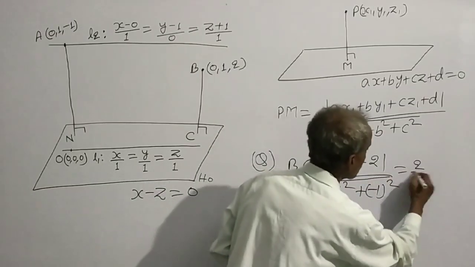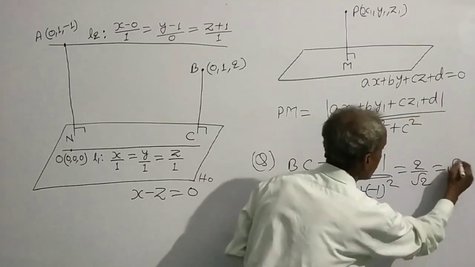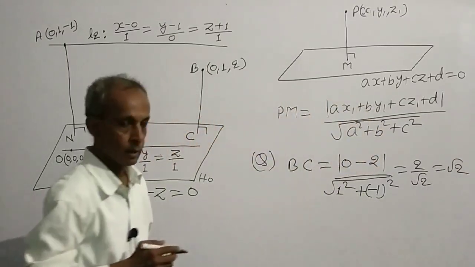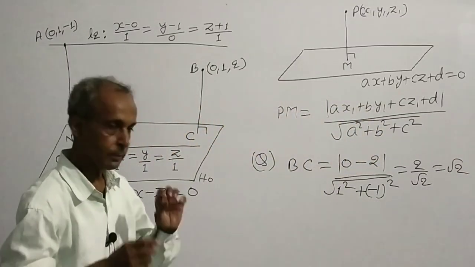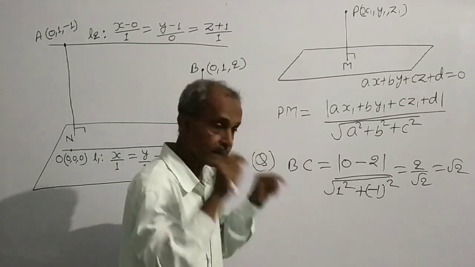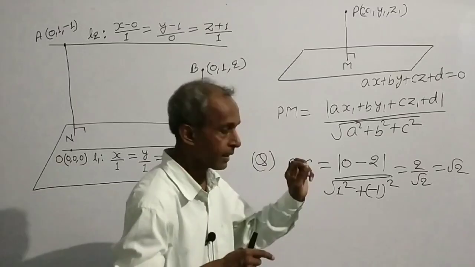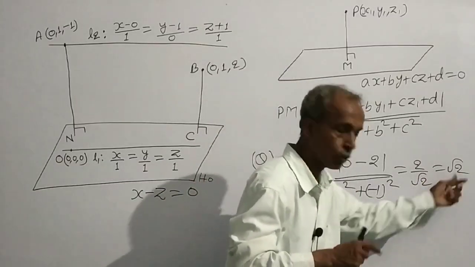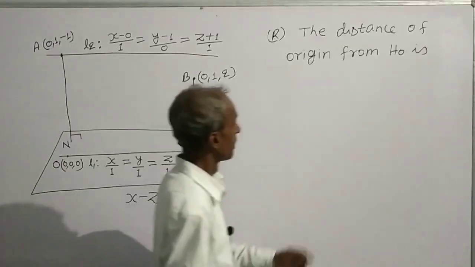This is equal to 2 by root 2, that is equal to root 2. Therefore, we will match entry Q in list 1 with entry root 2 in list 2.